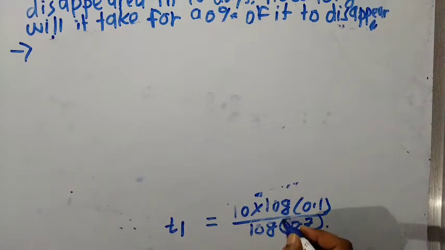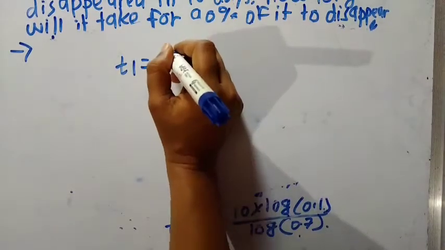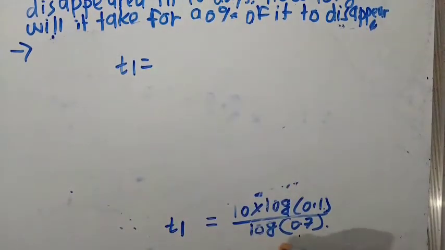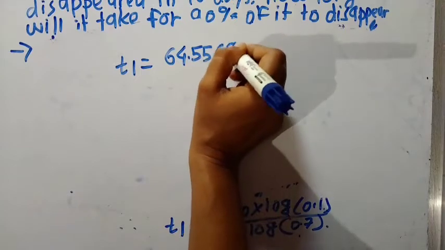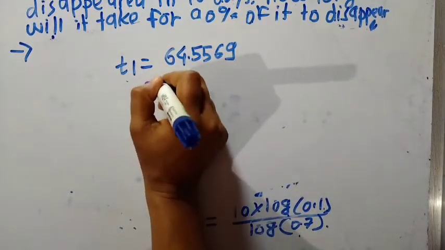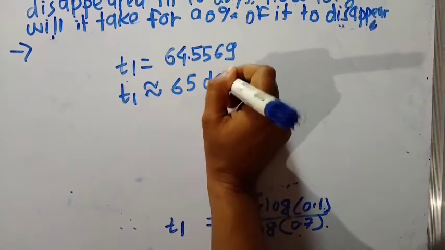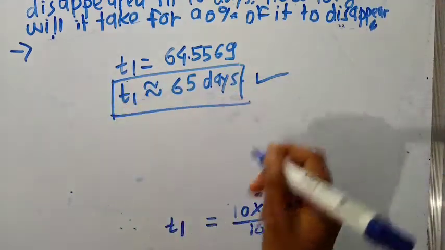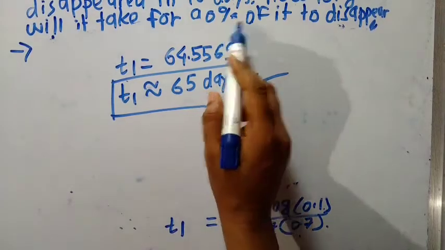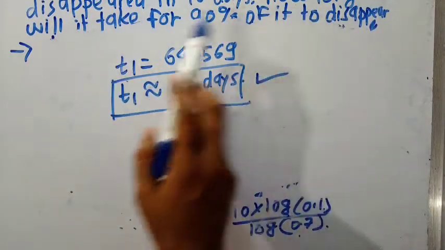Then find by scientific calculator the log 0.1 value divided by log 0.7 value, and the value is 64.5569, which is approximately equal to 65 days. Means T1, that is, 90% disappearing will take 65 days.